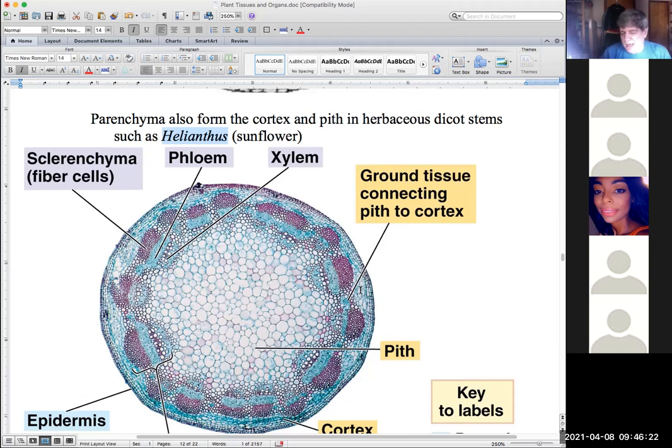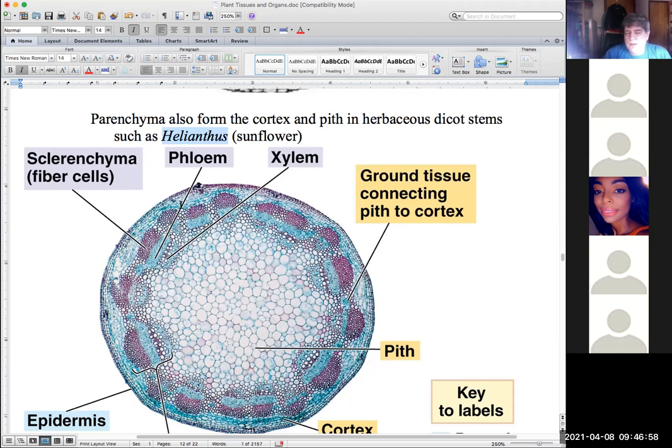If we look to the outside of these bundles, this area out here, it's much thinner than the pith. This area is the cortex. And again, the cortex is mostly parenchyma cells, but in dicots that don't make wood, there's usually another type of cell in here called collenchyma. And then our very outer layer of cells, like always, unless we have wood, is the epidermis.